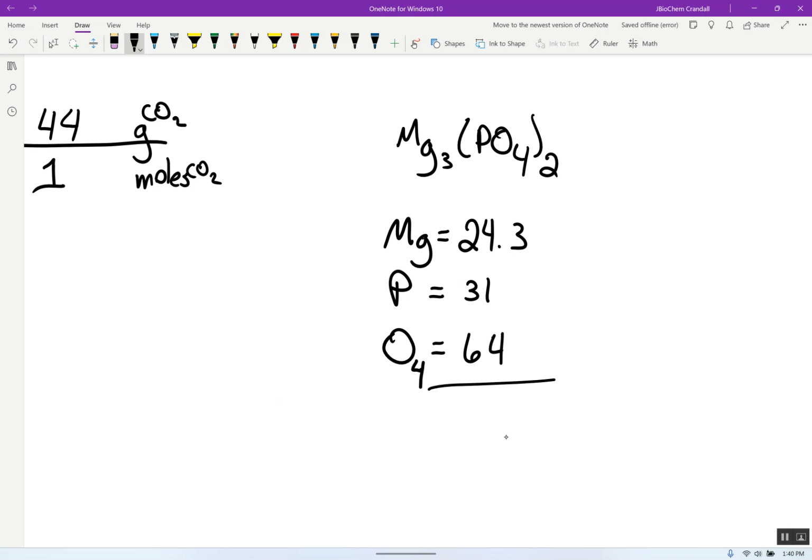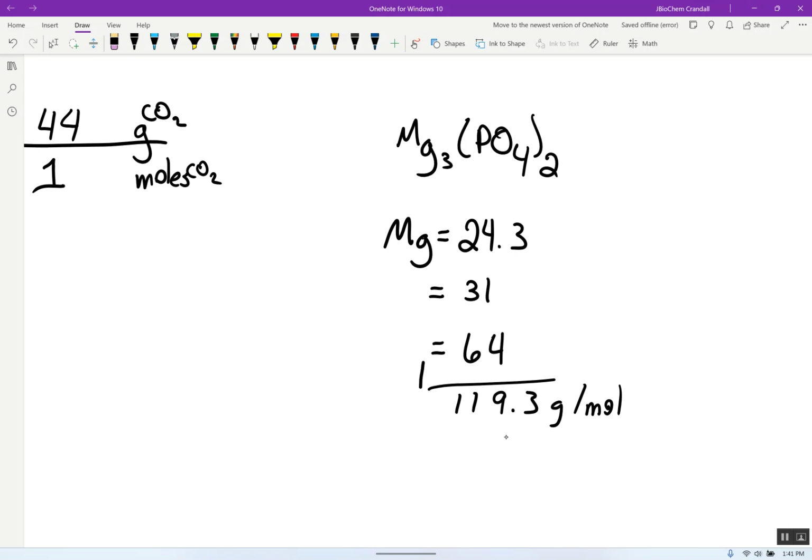And then we just add that all together. We get 119.3 grams per mole. Okay, oops.